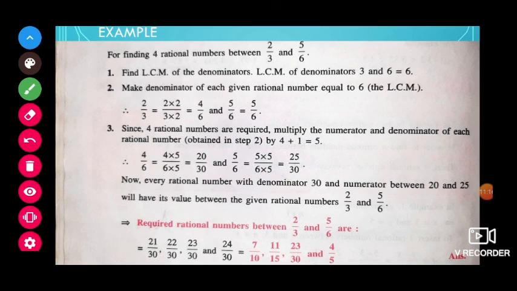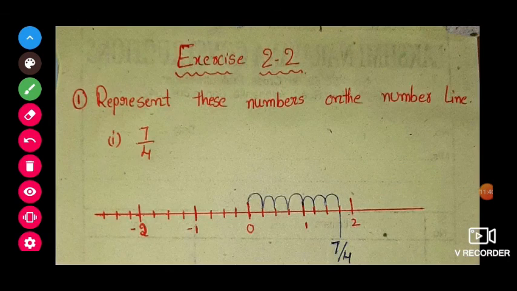Now both denominators are the same and the difference between the numerators is 4 to 5 steps, so we can take 4 rational numbers between the two: 21 by 30, 22 by 30, 23 by 30 and 24 by 30. These are the reduced forms of those rational numbers.